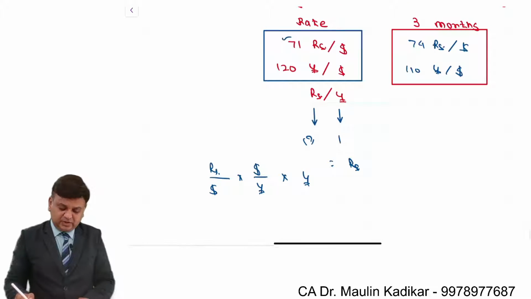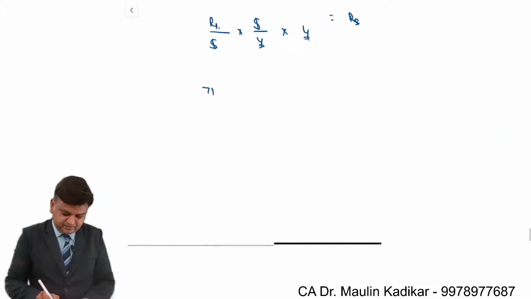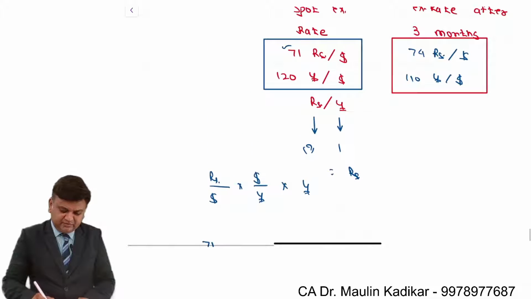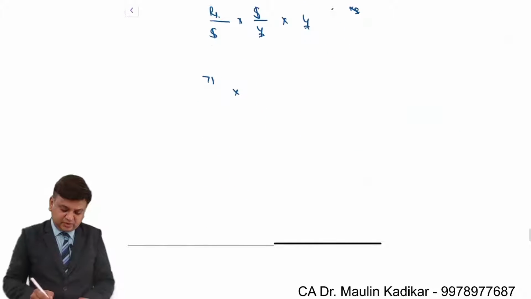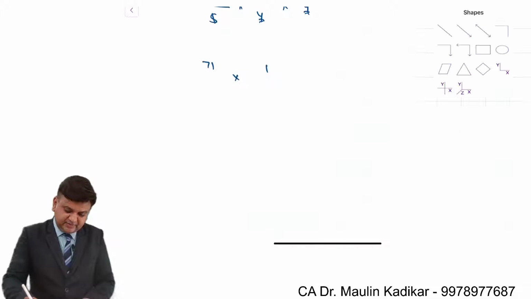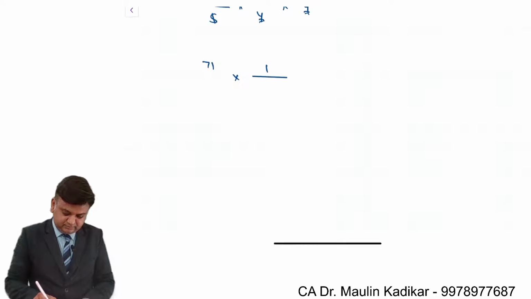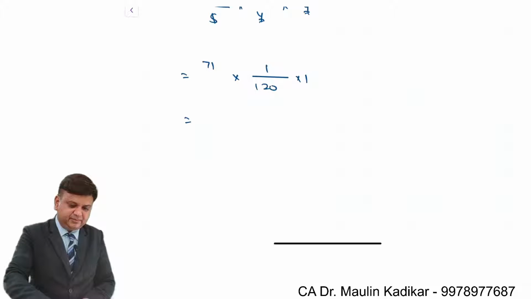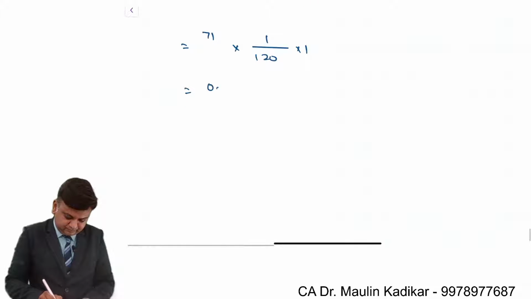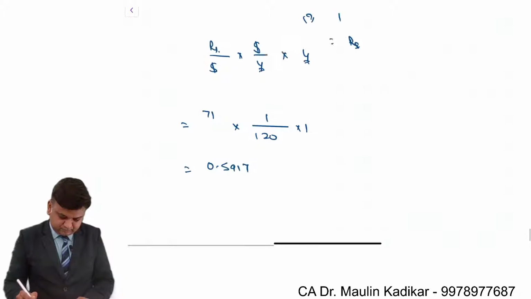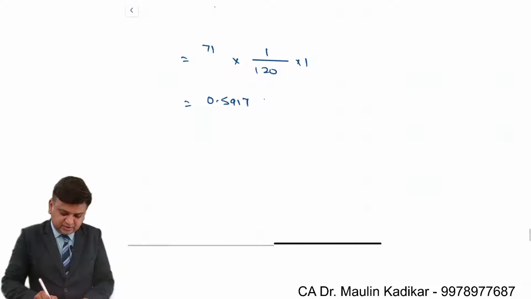I want rupees per dollar, the same is given to us. I want dollar per yen, but yen per dollar is given, so we have to make it a reciprocal. So 1 divided by 120 into 71, so 71 upon 120, 0.5917. It is rupees per yen.